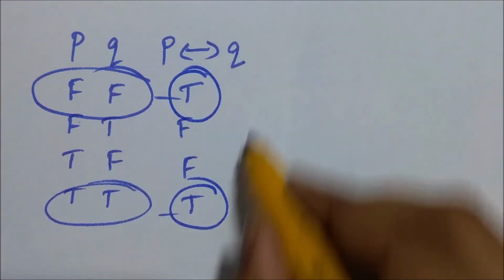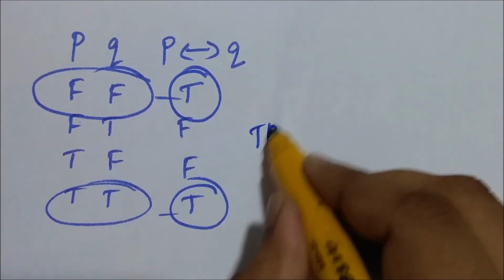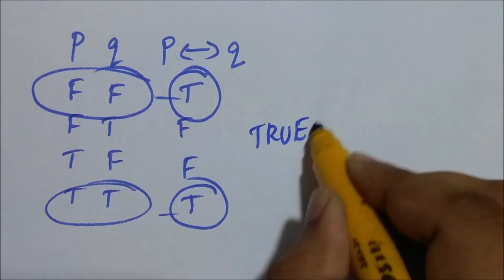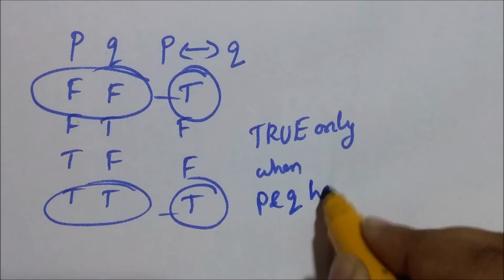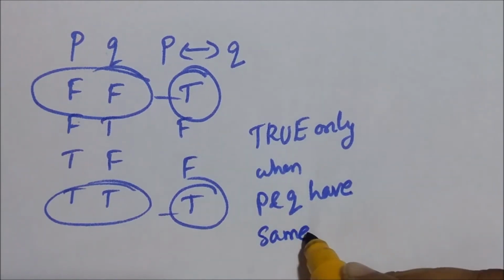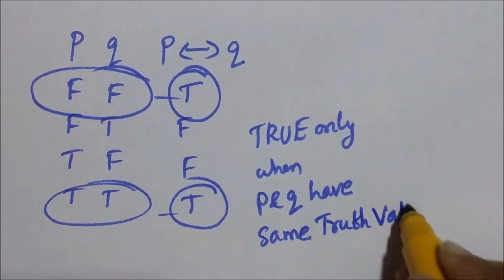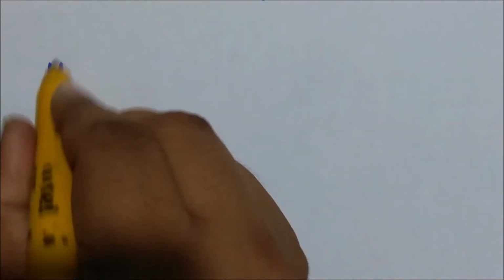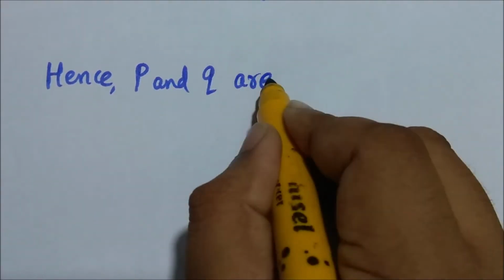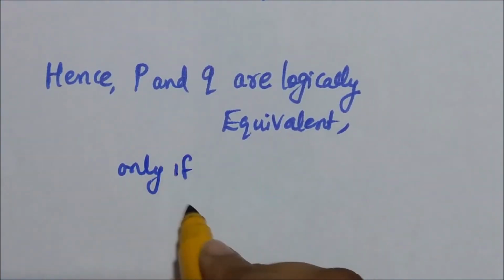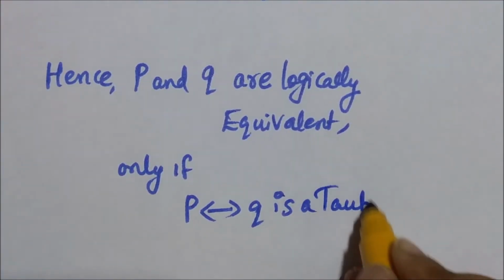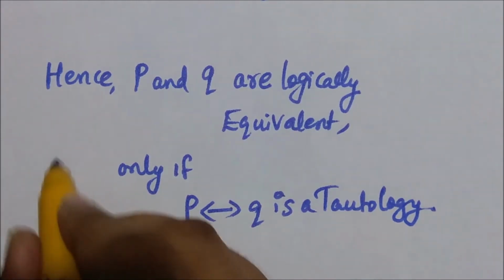Now, we know that P if and only if Q is true only when P and Q both have the same truth value. Hence, when P if and only if Q is a tautology, P and Q always have the same truth value, and hence P and Q are logically equivalent.